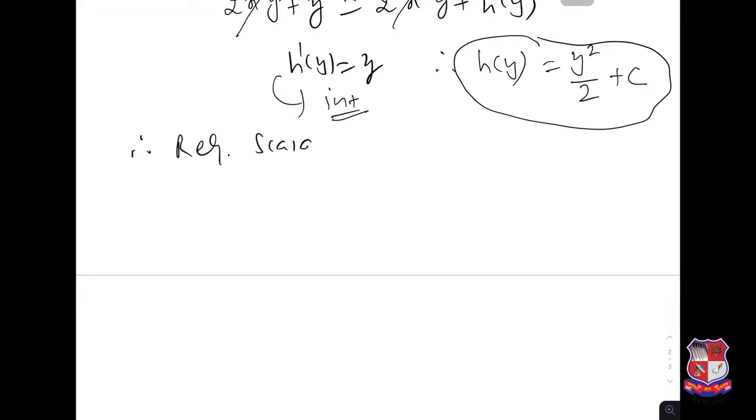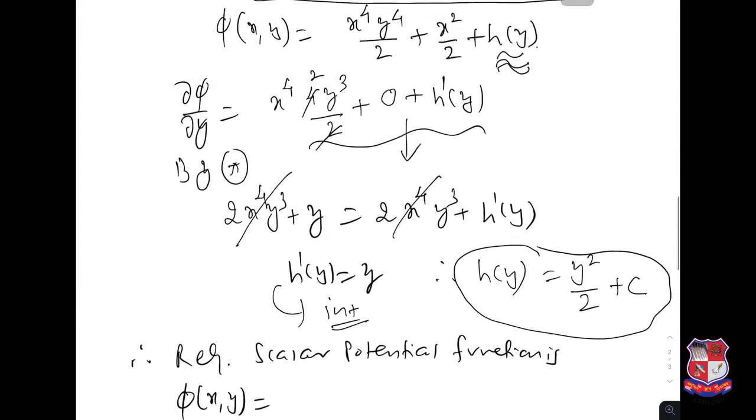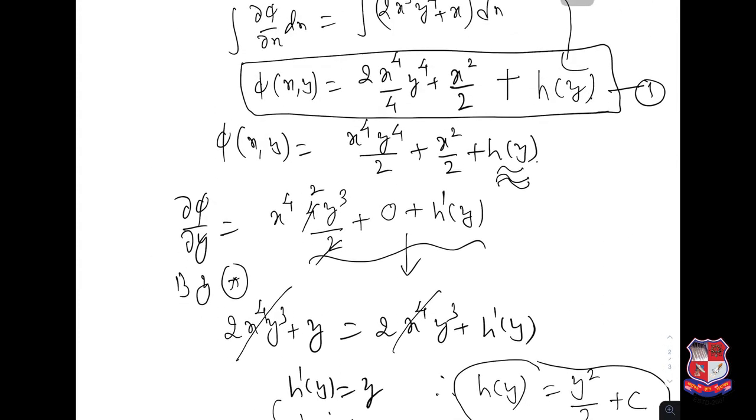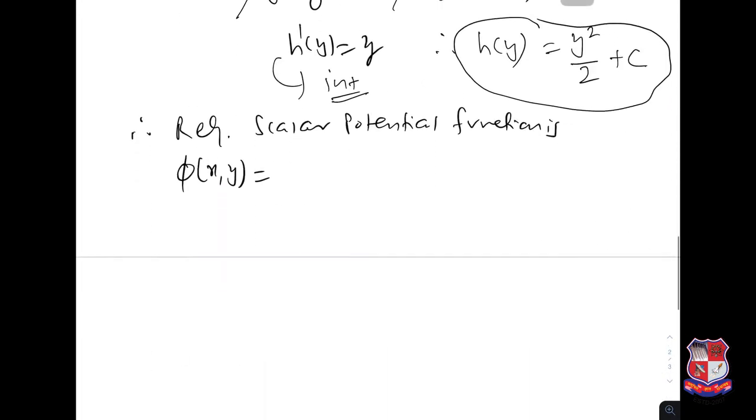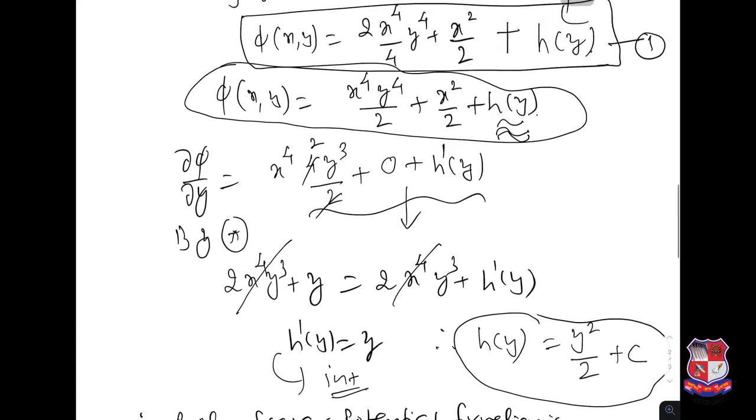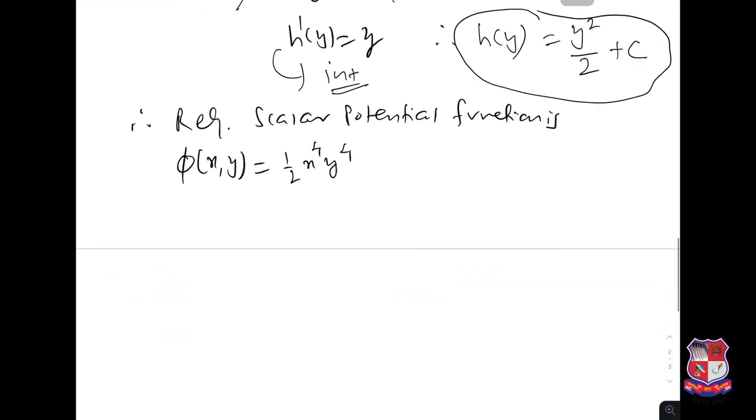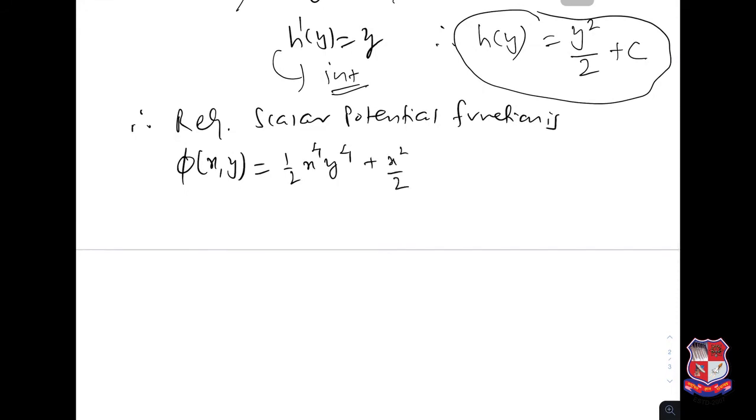So therefore, the required scalar potential function is phi of xy equal to 1 by 2 x power 4 y power 4 plus x square by 2 plus h of y, but h of y is y square by 2 plus some constant c.